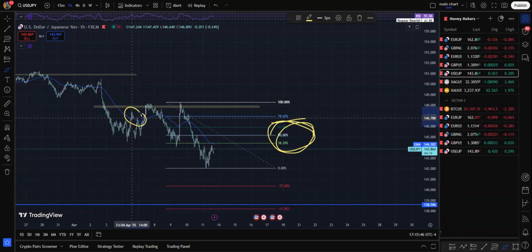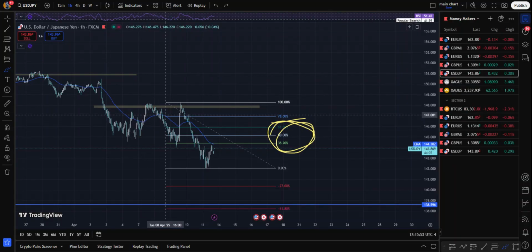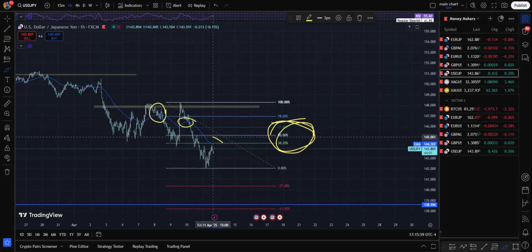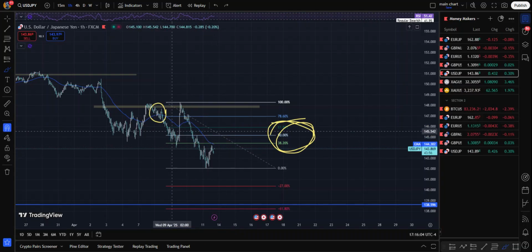It didn't just tap it and go down, it went above it a little bit. And right here, it did not obey the EMA, and it did not obey the EMA right here. And it might not right here as well. But I am still taking that trade because of the other confluences I have.